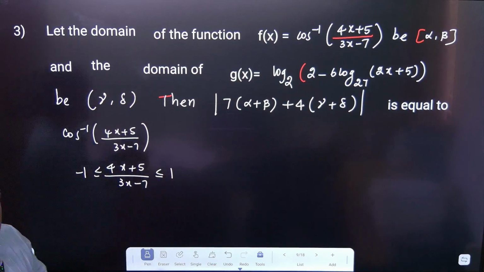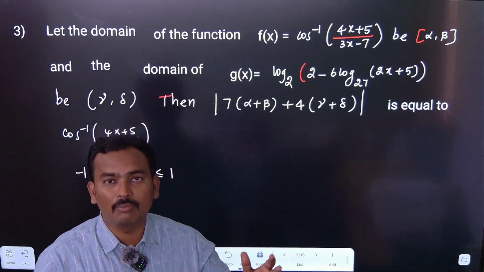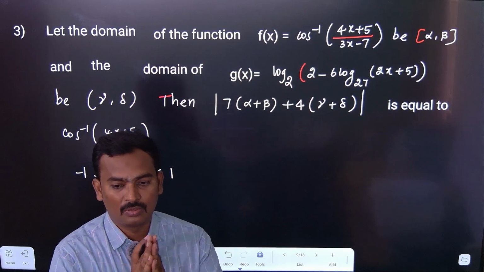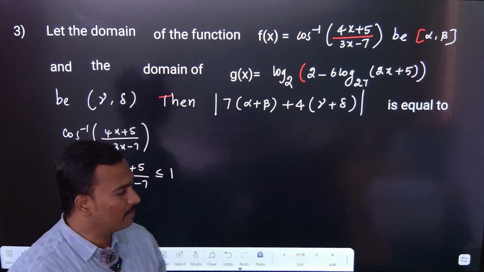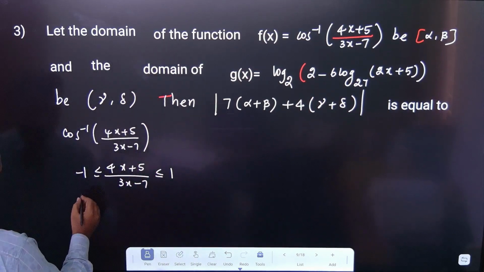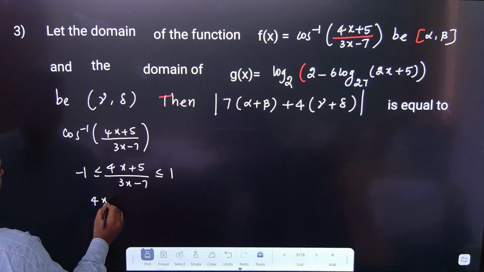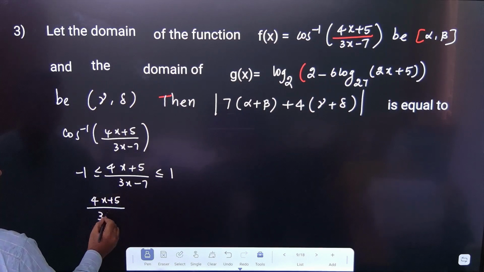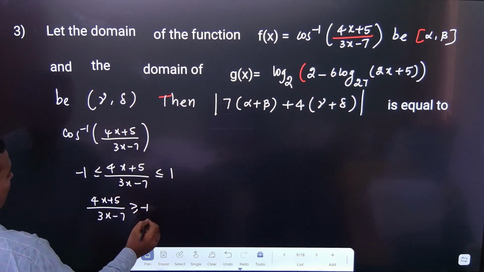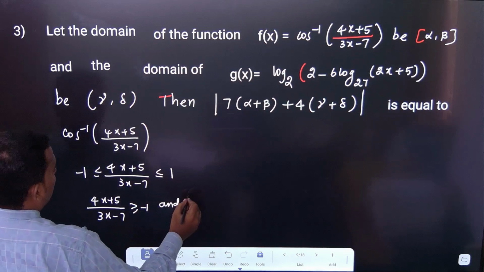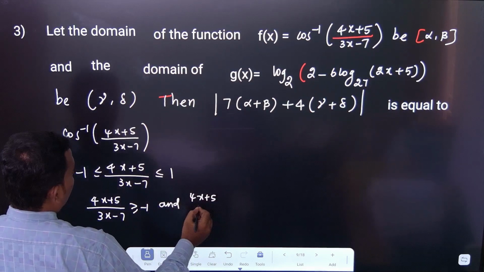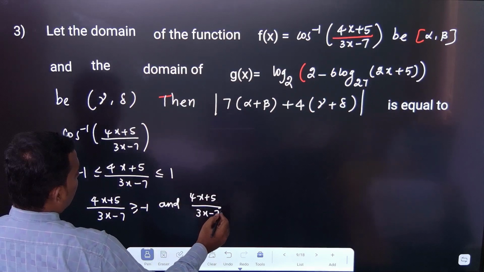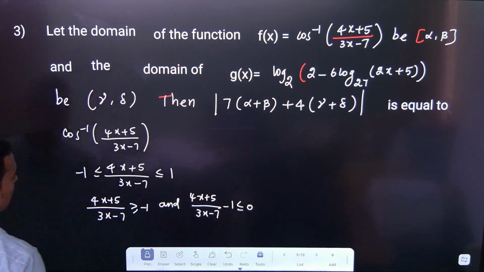Now, whenever some expression is between two numbers, what you can do is break the interval, right? So (4x plus 5) divided by (3x minus 7) is greater than or equal to minus 1, and (4x plus 5) divided by (3x minus 7) minus 1 is less than or equal to 0, right?